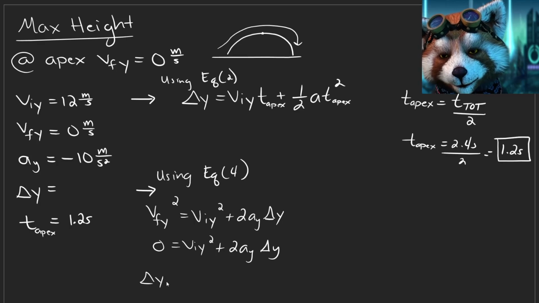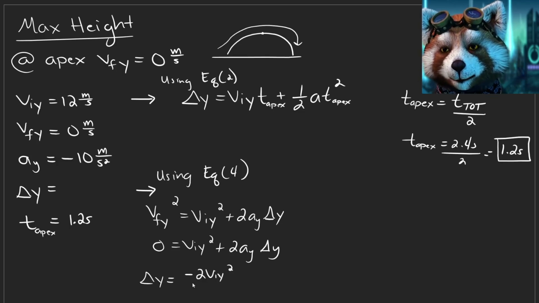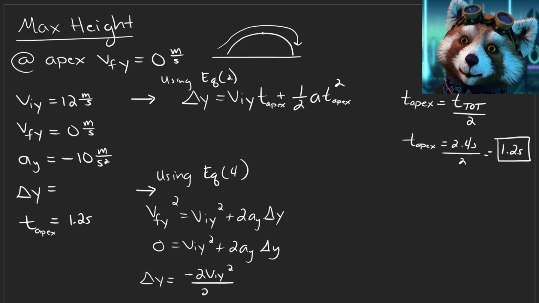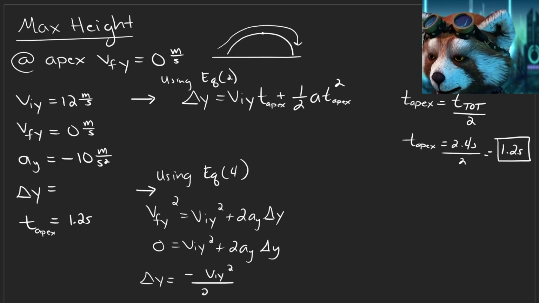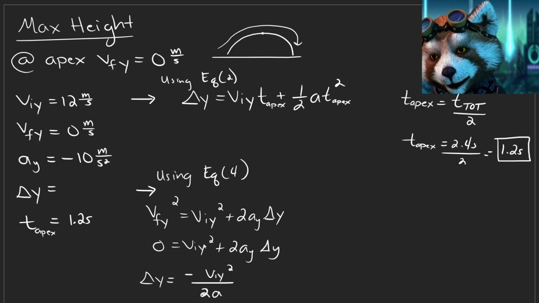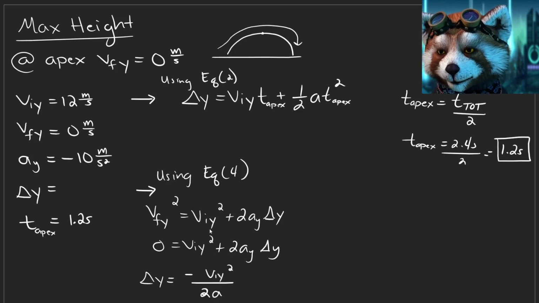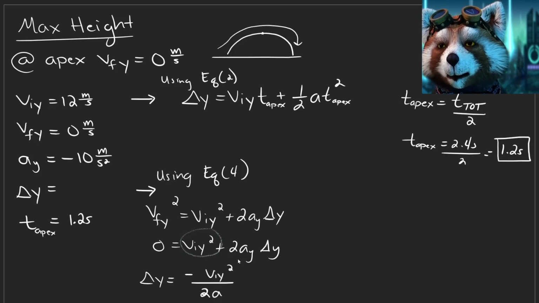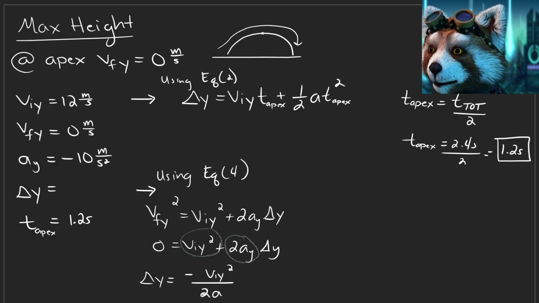We get delta y is equal to minus velocity initial in the y squared divided by 2a, 2 times the acceleration. So I subtract this to the left-hand side, and then I divide by 2a to isolate my delta y.